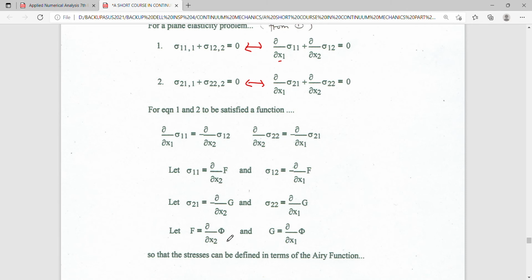And make a more useful expression, no? to use on two-dimensional elasticity problems. So if I take f as the partial derivative of a function, which you are now actually, so this is now the Airy function. It's a stress function because the stresses are involved here, okay?